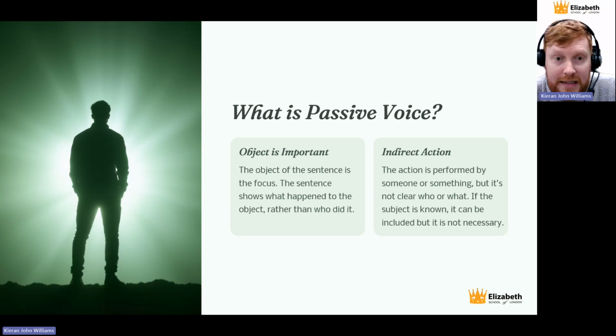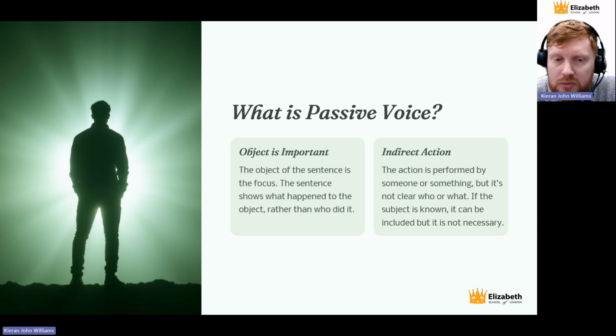The only important thing is that the action happened. Okay, so it may be that you don't know who did the action, so passive voice is good for that. It may be that the person who did the action is not important. That's why you would use the passive voice as well.